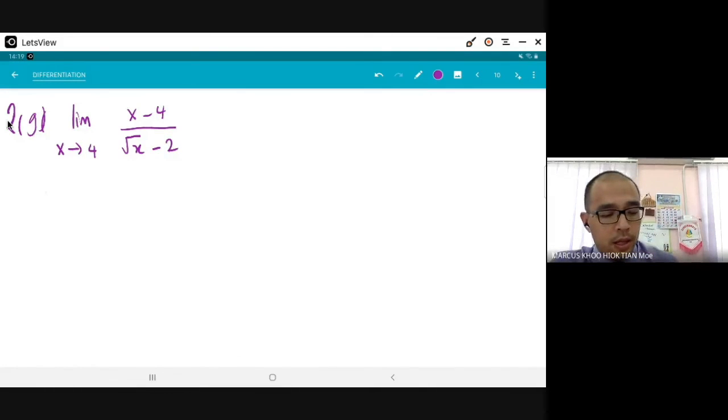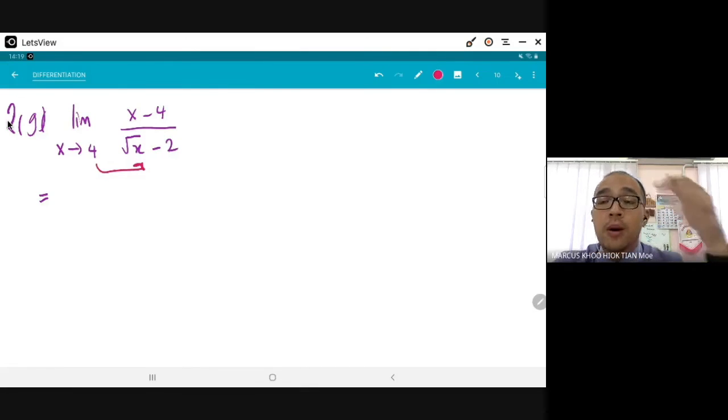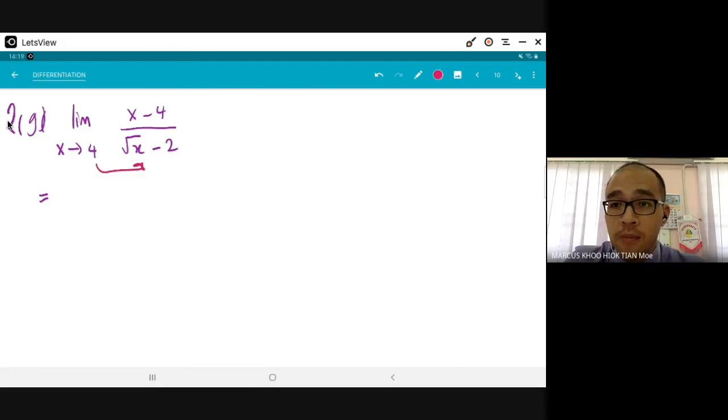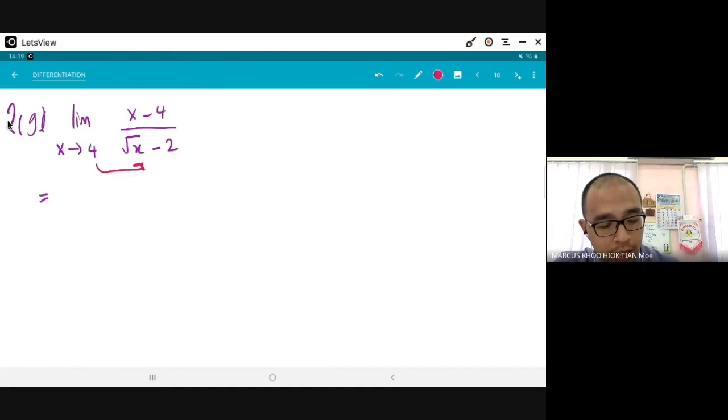So our problem is still the same. I cannot substitute 4 inside here because the square root of 4 is 2, and 2 minus 2 is 0. So the bottom cannot be equal to zero. Big problem. So what do we do? We have to rationalize. We rationalize by taking the bottom.